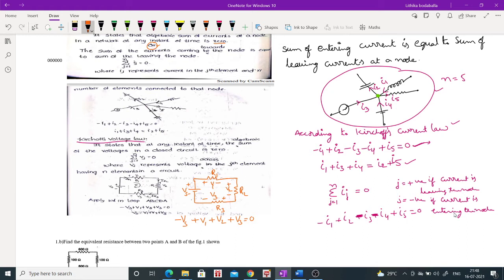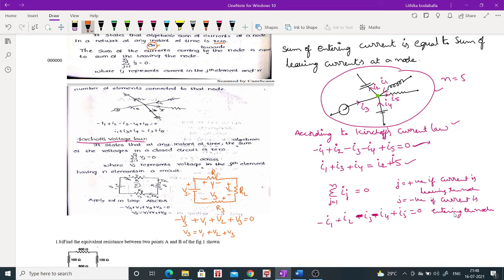Now I can write this as Vs is equal to V1 plus V2 plus V3. So like this you can explain. First you have to state Kirchhoff's current law and voltage law, and then explain Kirchhoff's current law with an example and Kirchhoff's voltage law with an example.